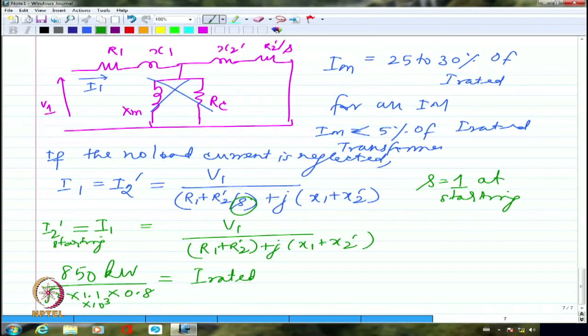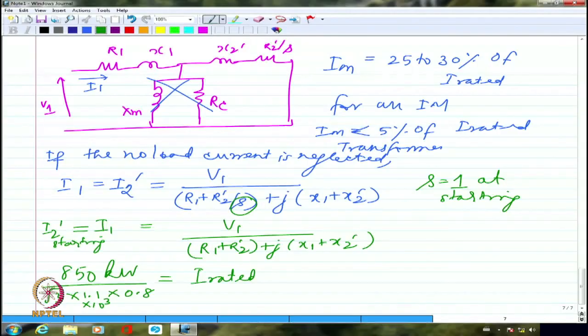The power system authorities will come and disconnect my power supply immediately. So including a rotor resistance external to the rotor circuit is possible only in a slip ring rotor induction motor. It cannot be done in the case of a squirrel cage induction motor.